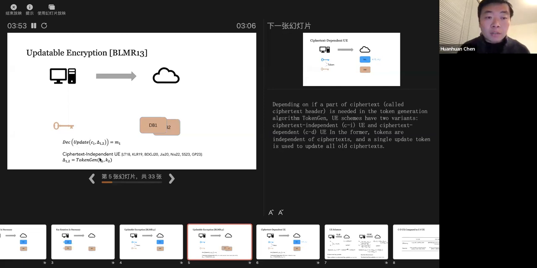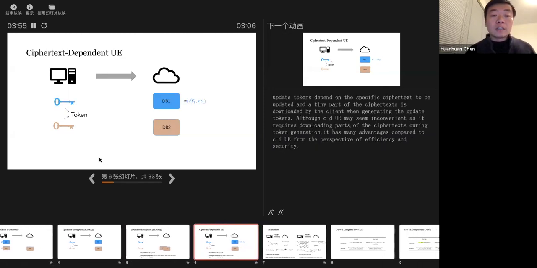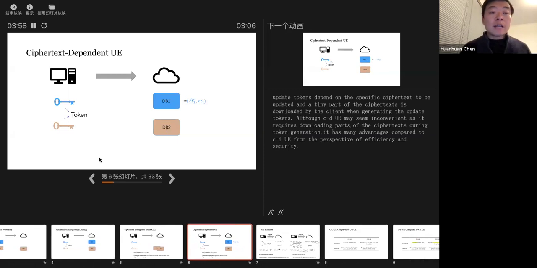Another type of UE is called ciphertext dependent UE. The token generation process is actually dependent on the ciphertext to be updated.